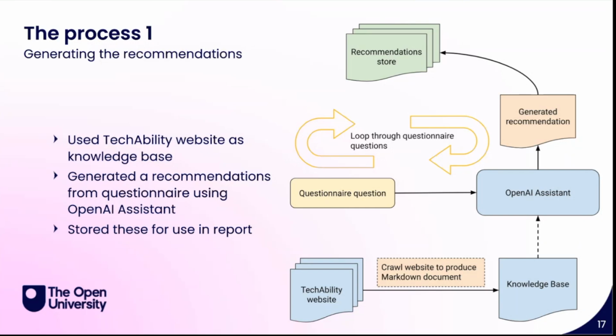From that Markdown, we condensed it all into one document, which became the knowledge base. We then created an OpenAI assistant, which you link this knowledge base to. This OpenAI assistant had instructions to generate a recommendation given a question from the questionnaire.